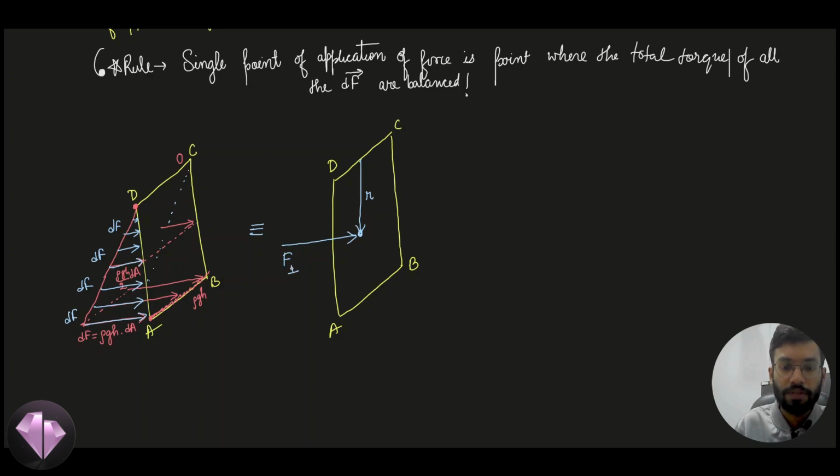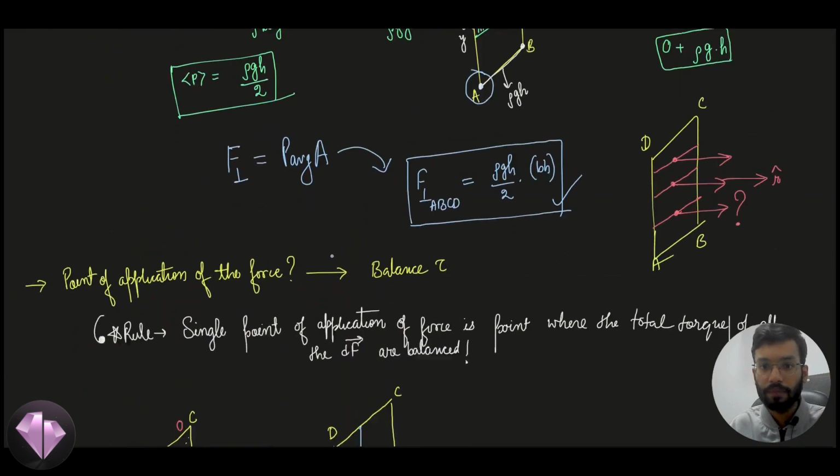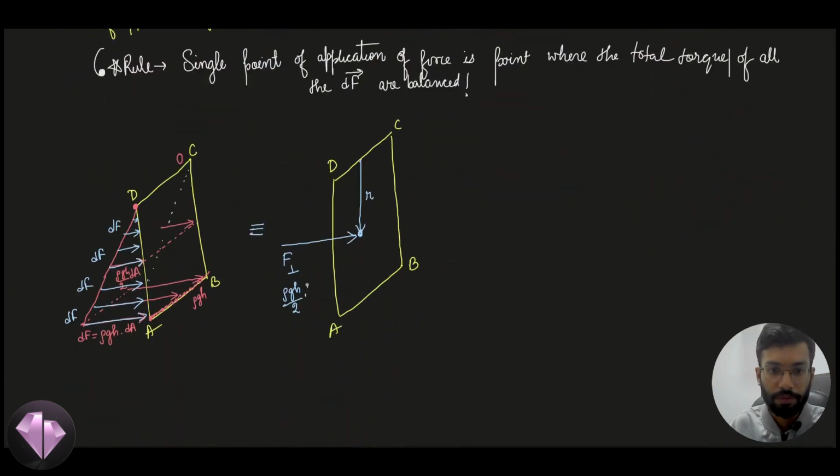What is its value? Its value is rho gh by 2 into the area. What was the area? It was B into H. So this total net force F perpendicular is applied by the liquid perpendicular to the area ABCD.